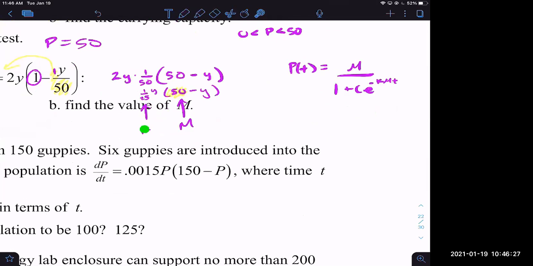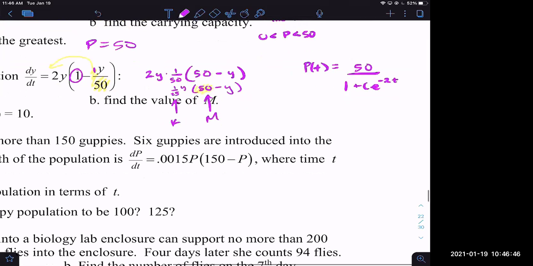You'll plug in K and M. So if we plug in K and M, M is 50, and here K times M reduces to 2, so it's negative 2 times t. So that's our population. In this question, they're calling it y, so I'll just say y equals this.